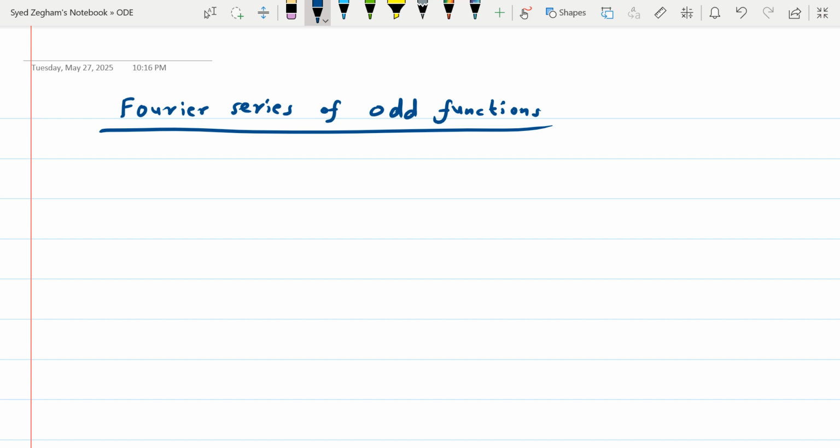Okay, now just a quick recap. What is an even function? What is an odd function? If you remember, suppose a function is, let us say, x square, and this function is defined on some interval, something minus p to plus p.